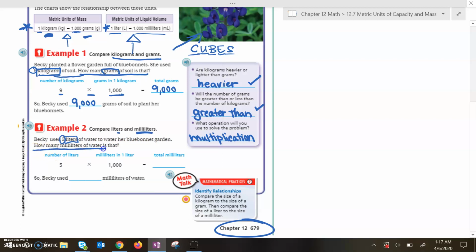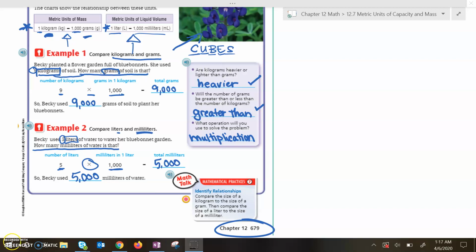How many milliliters of water is that? Now remember, for every 1 liter, there's 1,000 milliliters. So we have 5 liters, so we have 5 sets of 1,000. So 5 times 1,000 will give us 5,000. So Becky used 5,000 milliliters of water.